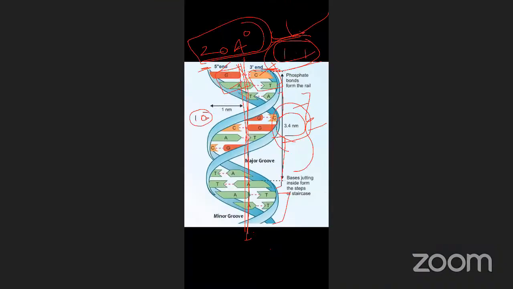These terms, minor and major, are called a pitch. A pitch is constantly formed. Okay.